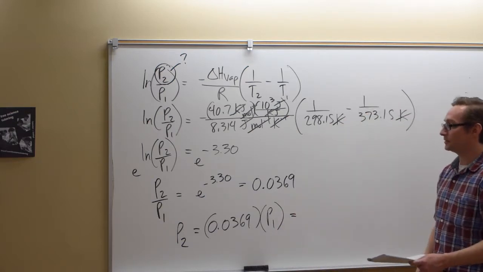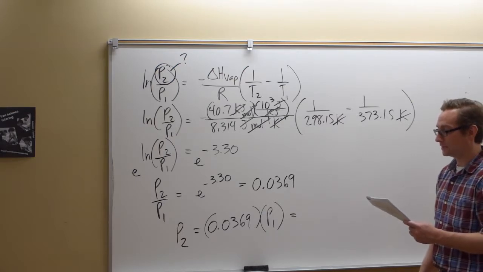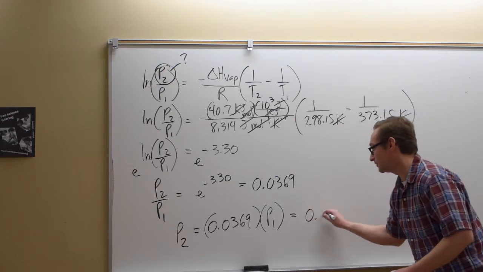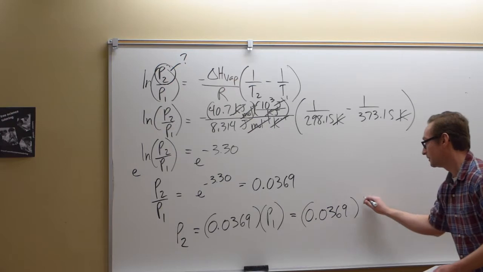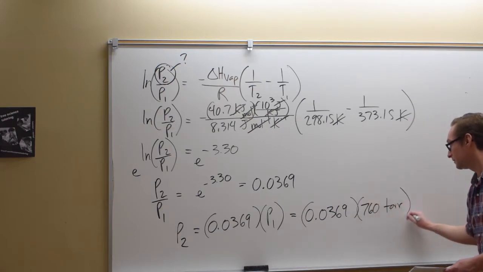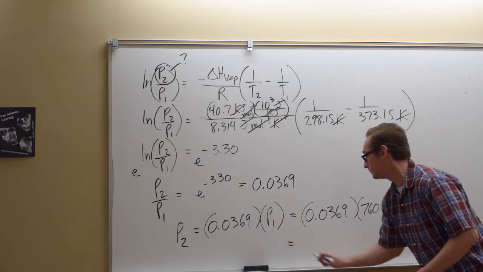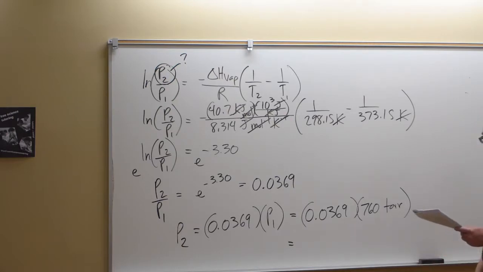And P1 was equal to what? 760 torr. And this is the easy part at the end here.